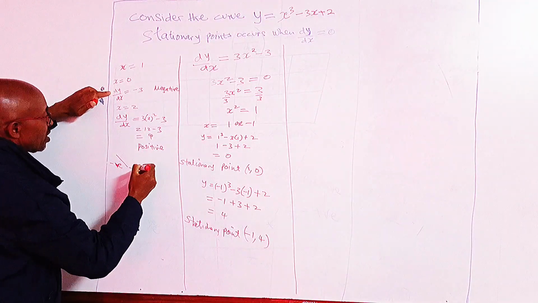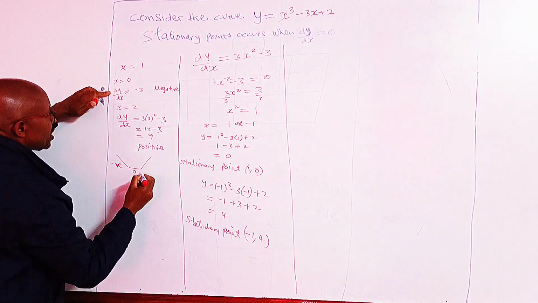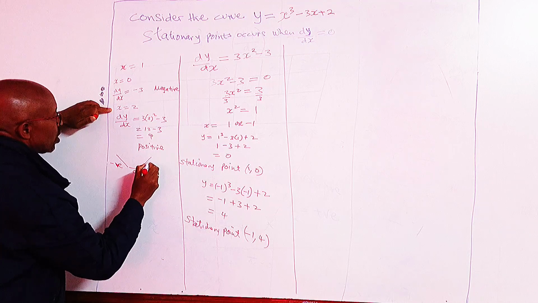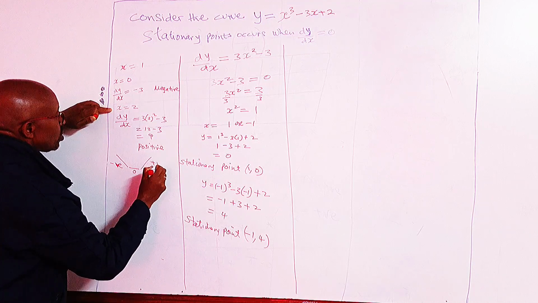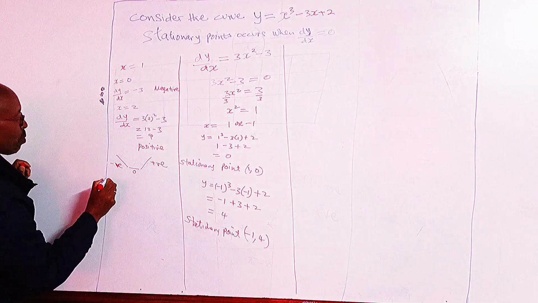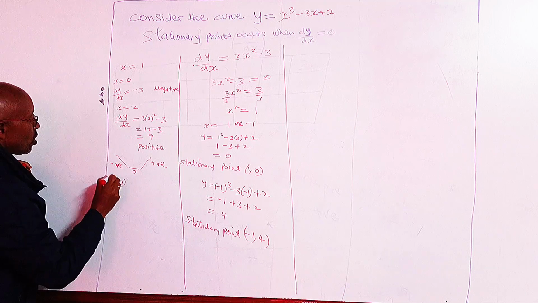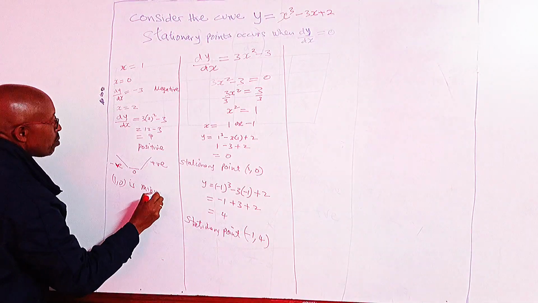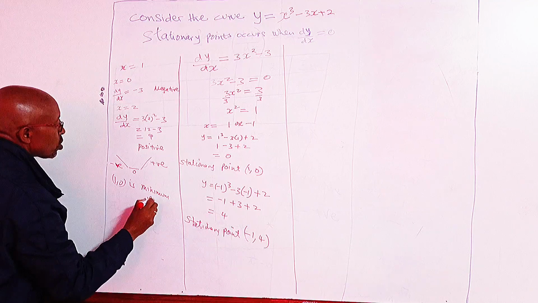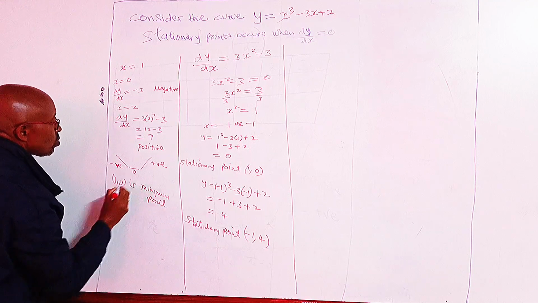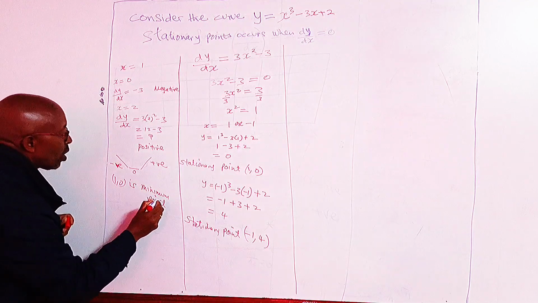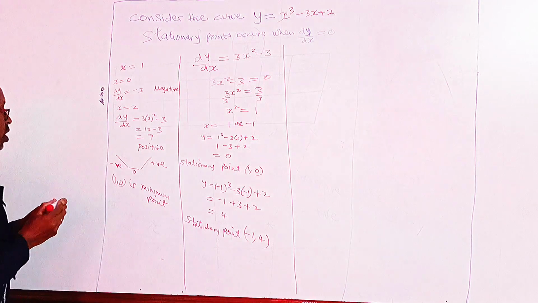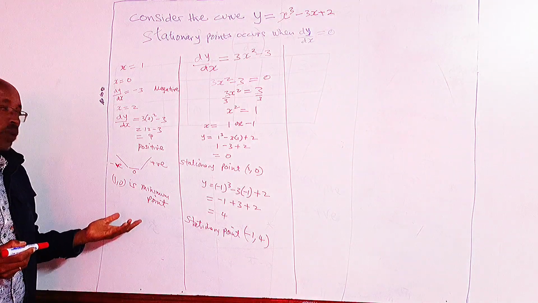Then after, when x is equal to 2, we have a positive value. Therefore, our point (1, 0) is a minimum point.